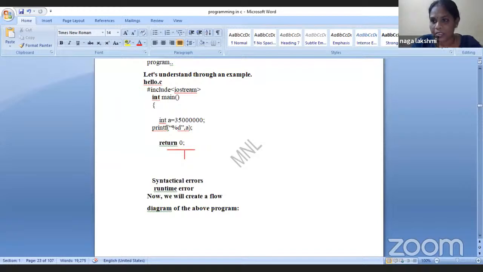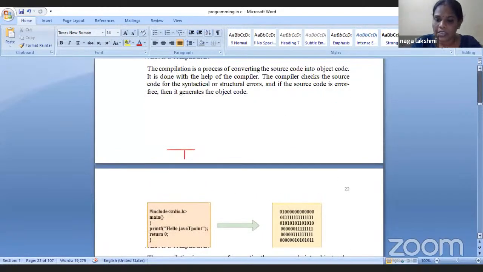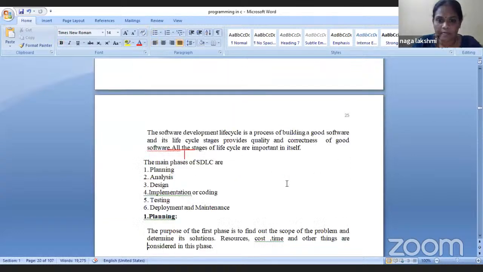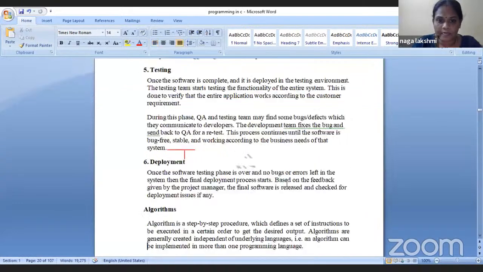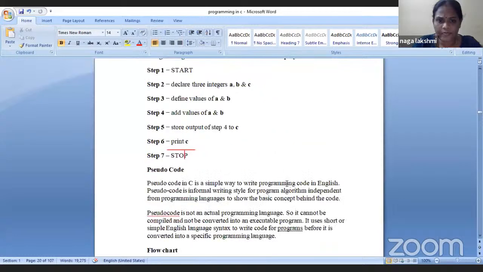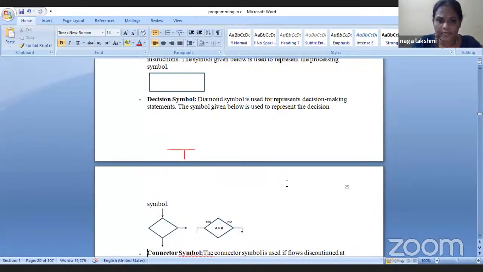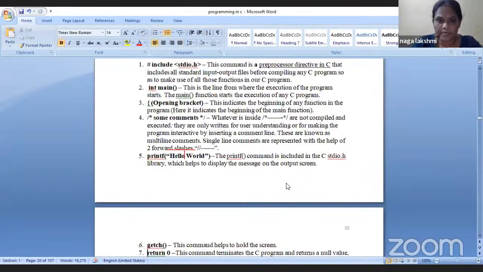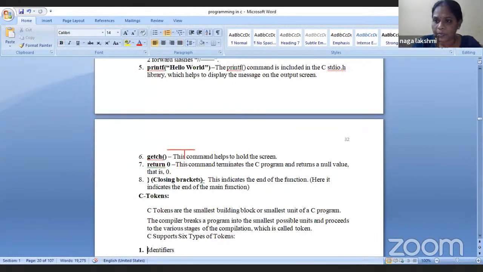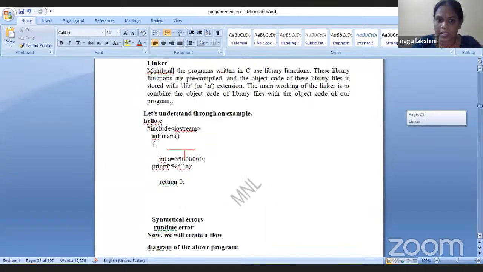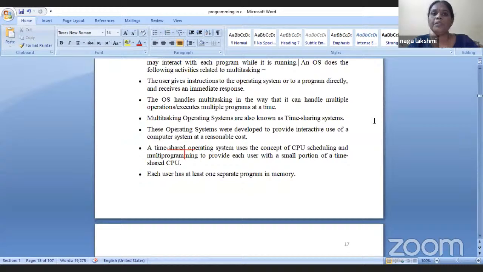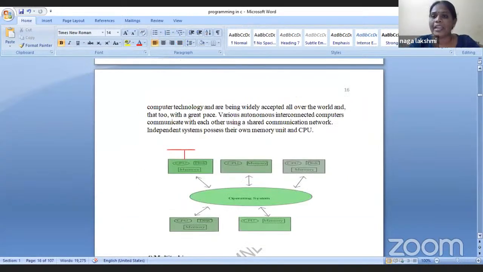I'll show you a better example. One second, I'll draw it on paper and send it to you on WhatsApp, girls, for this.